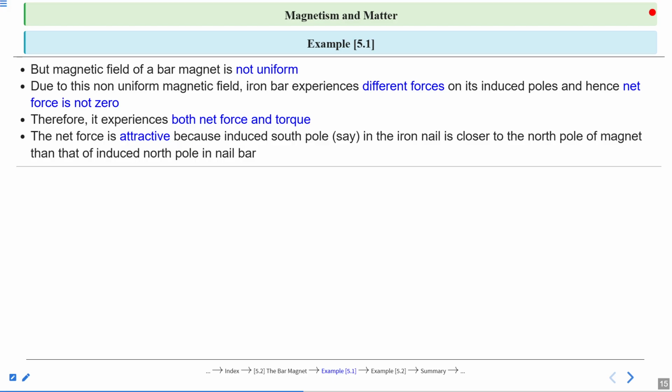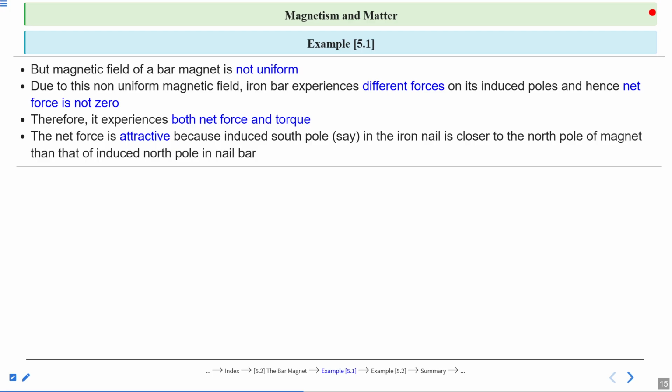The net force is attractive because the induced south pole, say, in the iron nail is closer to the north pole of the magnet than the induced north pole in the nail. We can also say that the induced north pole is closer; either pole could be closer to the bar magnet, so we can fix one pole. We say south pole. The net force is attractive because, as I have already mentioned, the end which is near the bar magnet will experience more force.